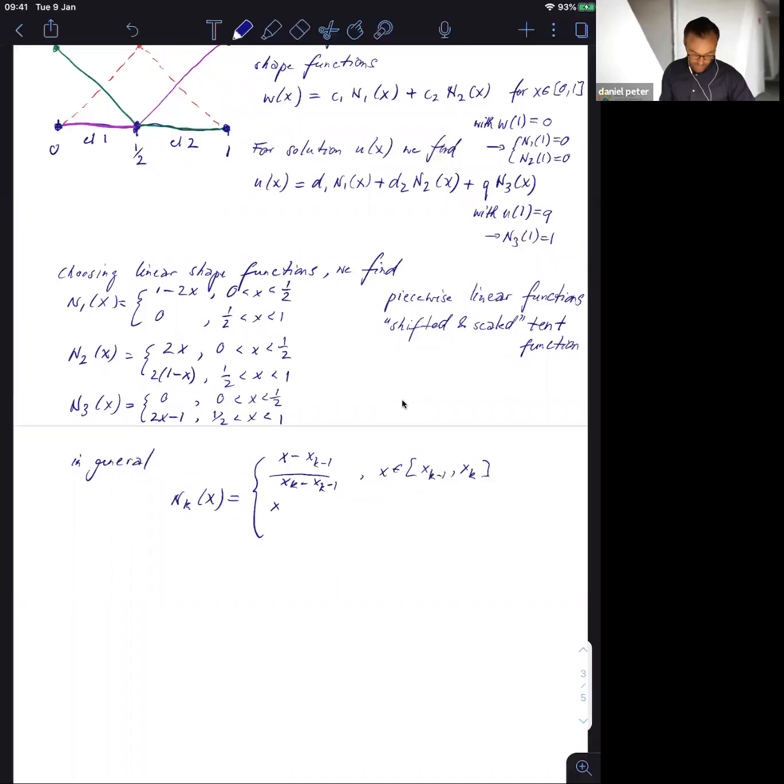Then the second leg is xk plus 1 minus x over xk plus 1 minus xk. That's the second leg between xk and xk plus 1. And 0 otherwise.